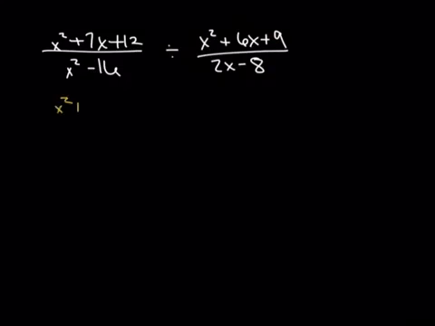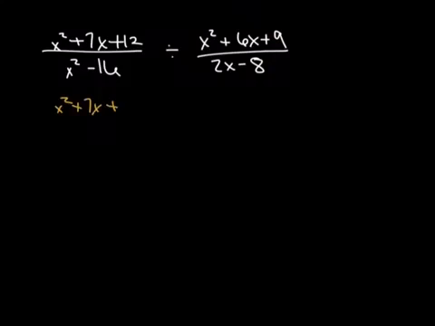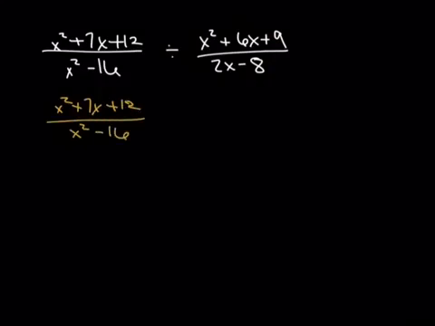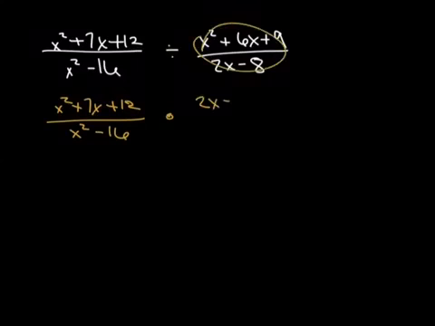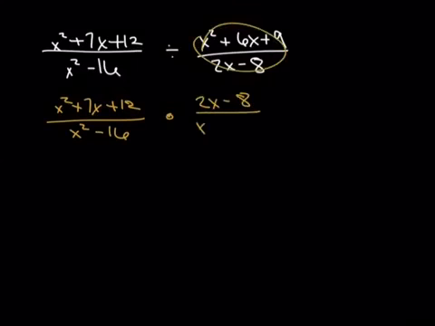So x squared plus 7x plus 12 over x squared minus 16, change it to a times sign, flip these over, and then we just do it as a multiplication. We don't worry about the division.